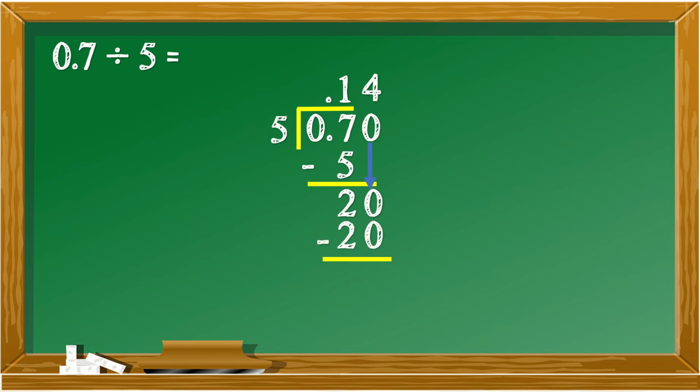Subtract. 20 minus 20 is 0. Now we got 0 as the last difference. So the final answer is 14 hundredths.